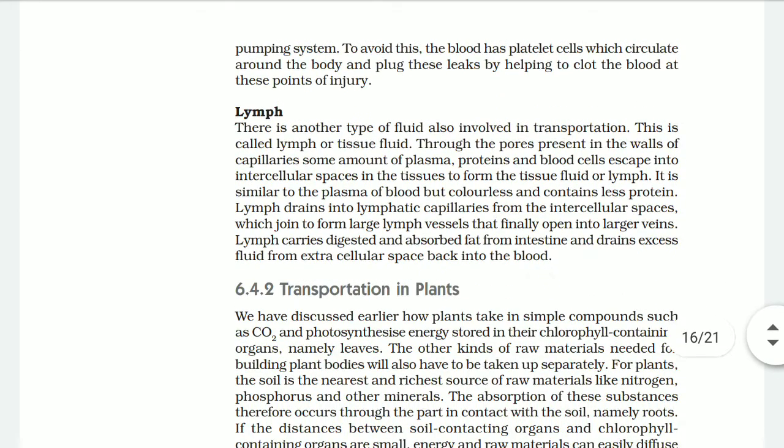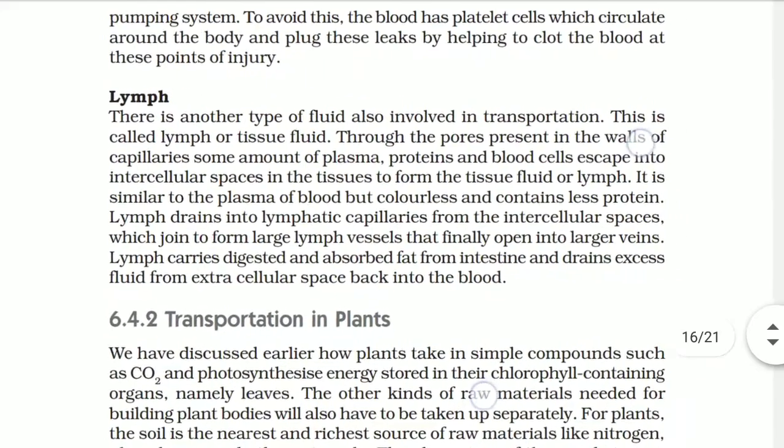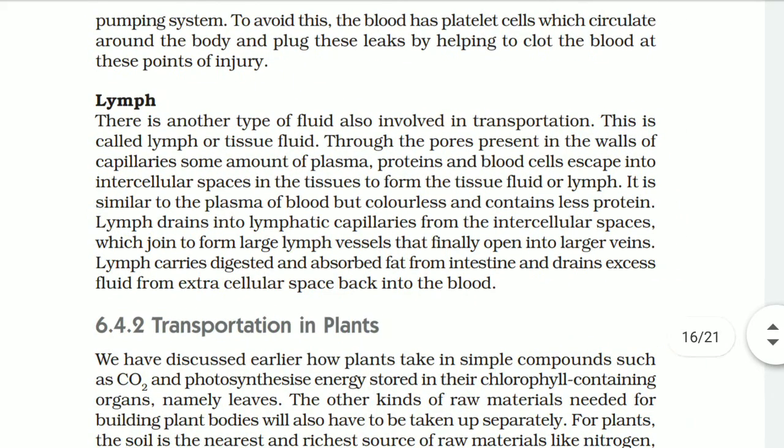To avoid this, the blood has platelet cells which circulate around the body and plug this leak by helping to clot the blood at this point of injury. So blood contains the platelets that help the blood to clot and stop the bleeding.